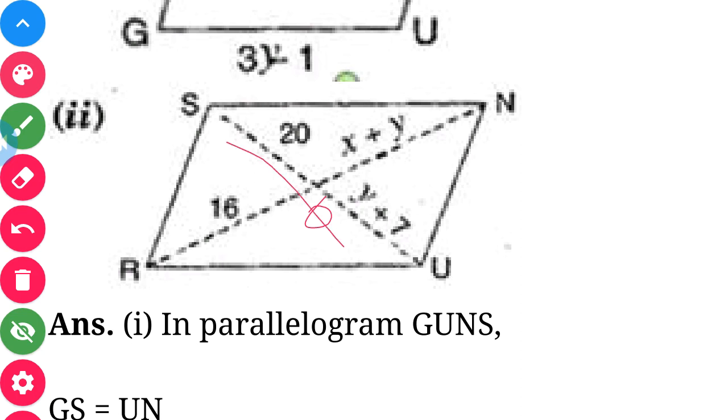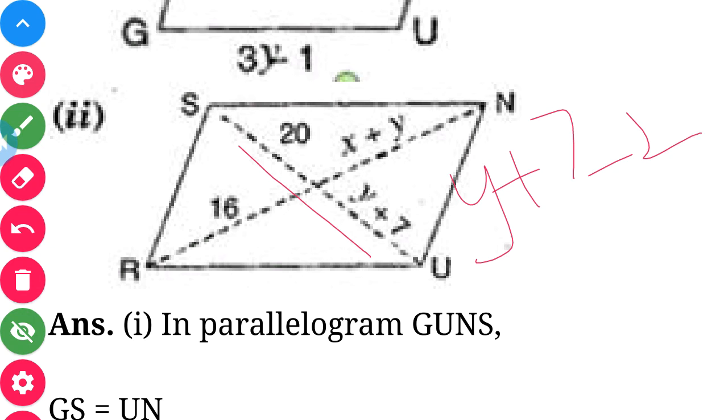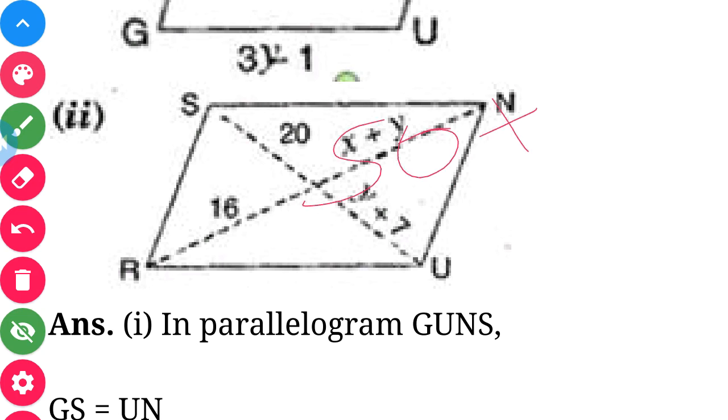So you're going to equate this and this together. So we'll take the first term here, that is x plus, here I can take this one first, as it is y plus 7 is equal to 20. I can get easily the value of y. Okay, so here I am taking SO is equal to OU. You have to write this, children, otherwise it is very confusing for you people. Okay, SO is equal to OU.